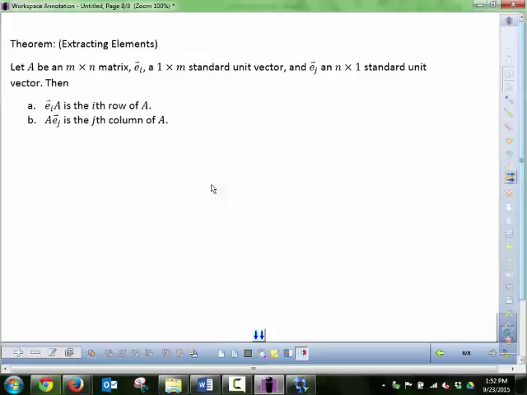So let's suppose you have a matrix, an m by n matrix, and then you have two vectors.